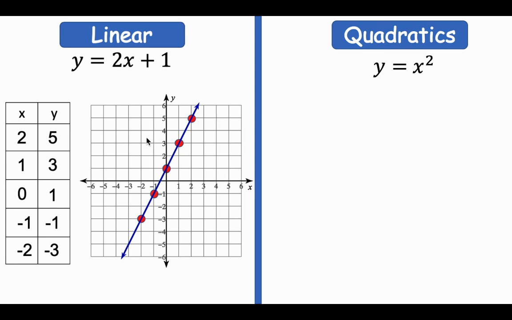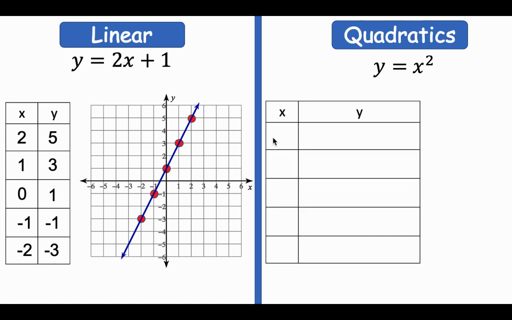But before we do that, let's go ahead and make an xy table. I'm going to pick the same values, just starting at 0 and going up a couple and down a couple. I will eventually show you how to pick these values, but for now, I'm going to give you these values so that you can work with them and just plug them in.